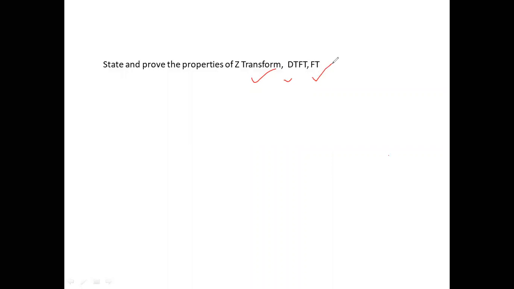They are in the syllabus, and in every question paper at least two properties, one from either Z transform or DTFT, will definitely be asked. Since it was a theoretical thing, I did not cover it, because it is in the textbook. I simply did the statements, but I want you to be comfortable with the statements and the proofs.